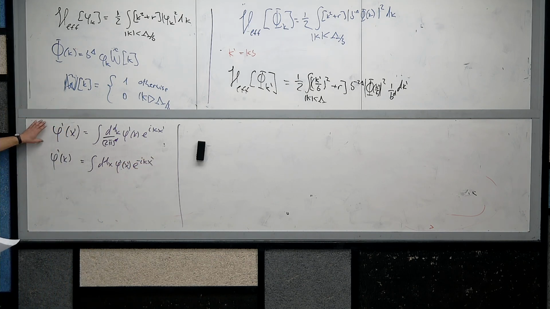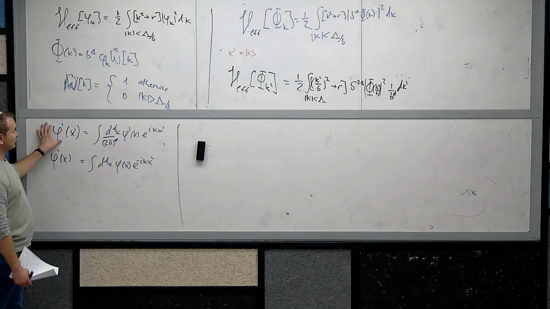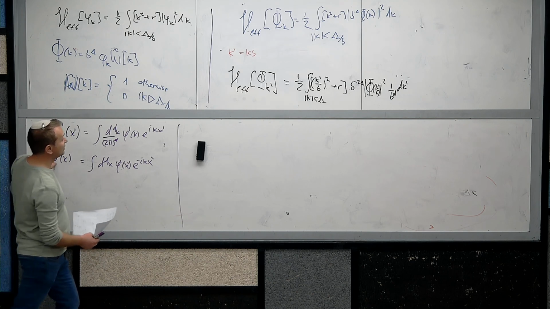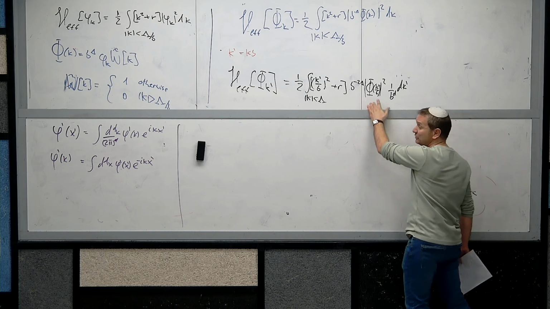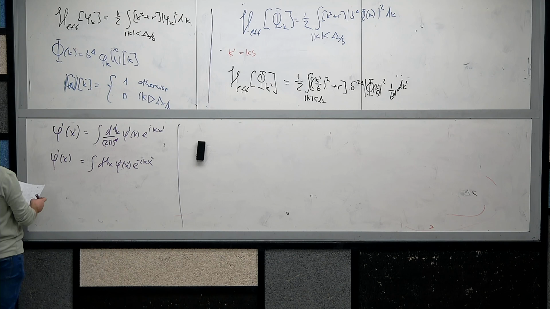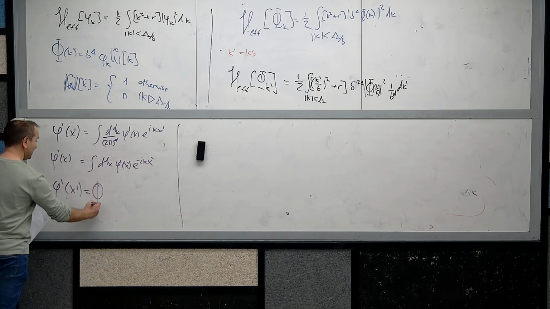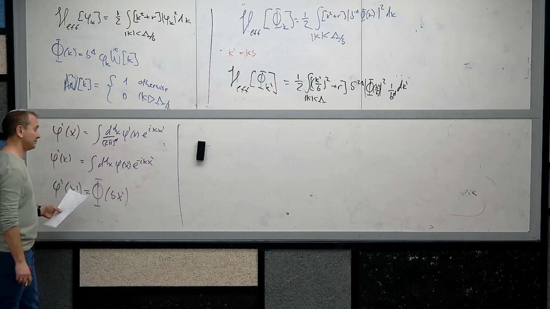Great. So I have this new function and the relation between the values of this function in real space and in k space. The next thing that I'm going to do is to connect this small phi prime to the large phi of my rescaled field. What we actually do is to declare the following: phi prime at x prime is the large phi of b x prime.